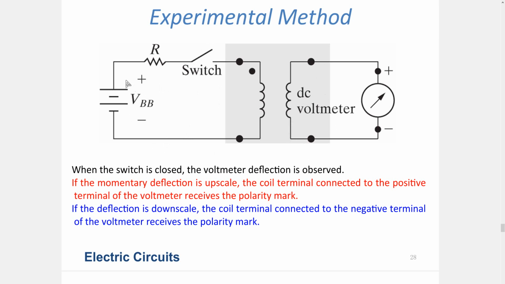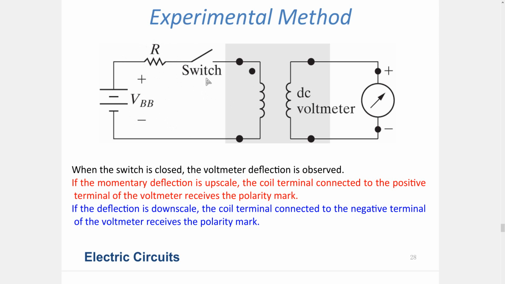Although this is a DC voltage, there will be some transient current flow until the short circuit current is established, which will be VBB over R, because since this is a DC voltage, the inductor eventually becomes a short circuit, so the maximum current is VBB over R. If there is no R, then infinite current will flow, which means that your circuit will explode or get damaged. So there is always a need for some resistance to limit the current through the circuit, and this maximum current is VBB over R.